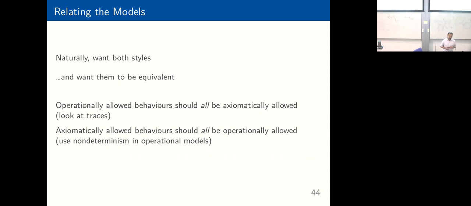And vice versa. For SC at least, we have an equivalence proof. You can go in both directions. You take an axiomatically allowed execution, and with a bit of head scratching and a bit of work, you can work out a justification in the operational world. And that's a kind of good property you want of your models.